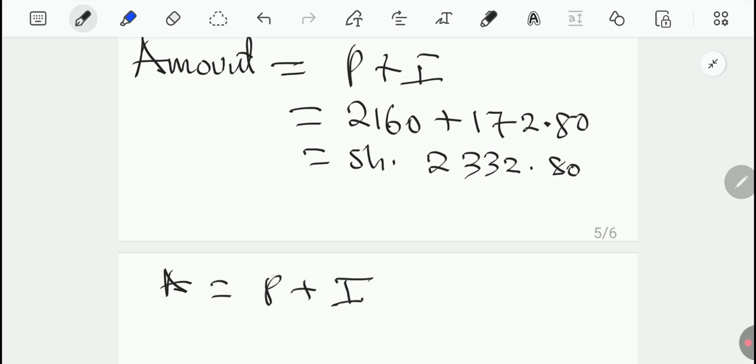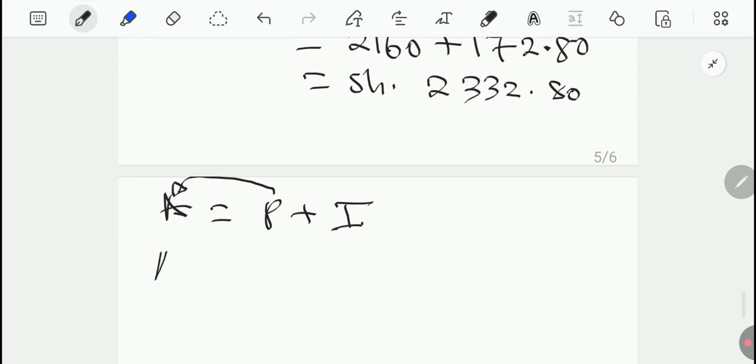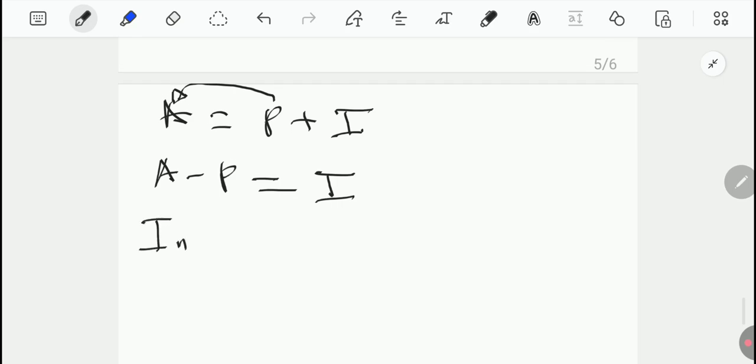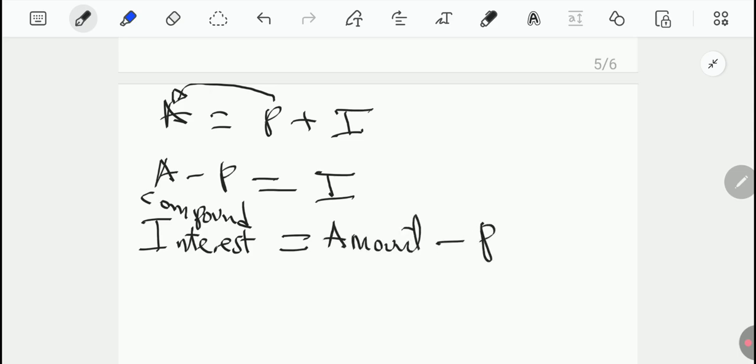Now we want the interest. We can take this P this side here. So we shall have A minus P is equal to I, just making I the subject. So interest, or compound interest as we are calling it, is the same as amount minus principal.